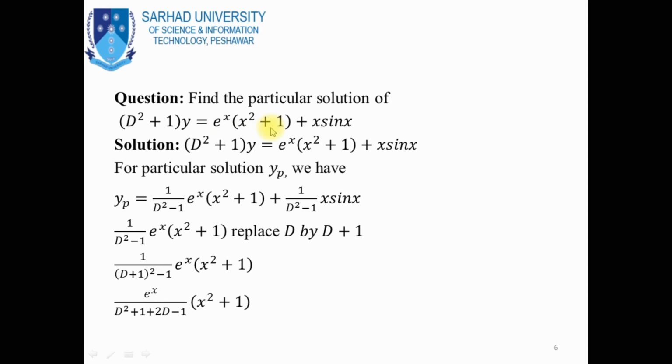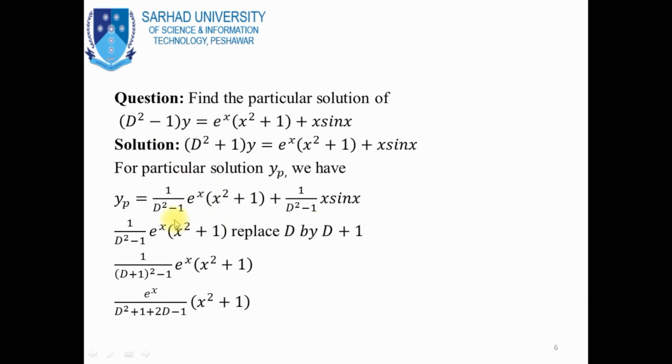Since there are different cases, polynomial multiplied with exponential is actually the case number 4, and polynomial multiplied with trigonometry is another case. So the particular solution for this case, 1 over D square plus 1, actually this is the inverse operator of the given equation.